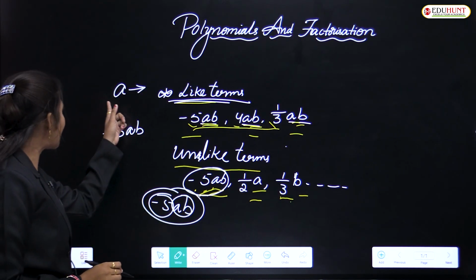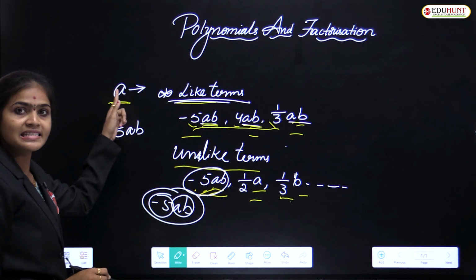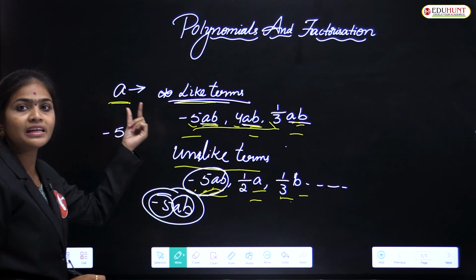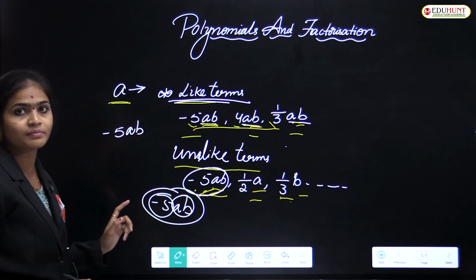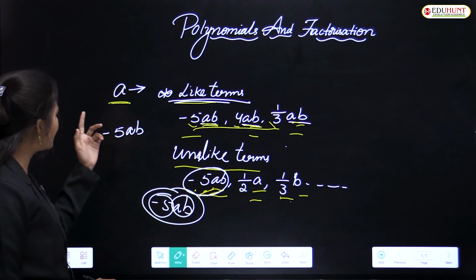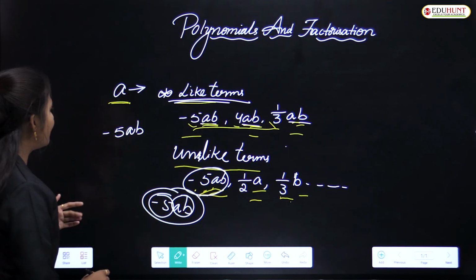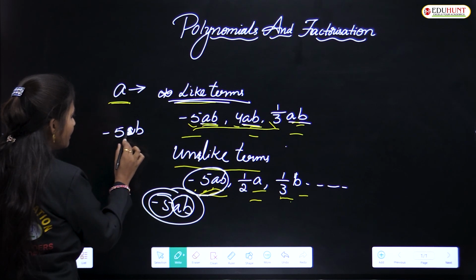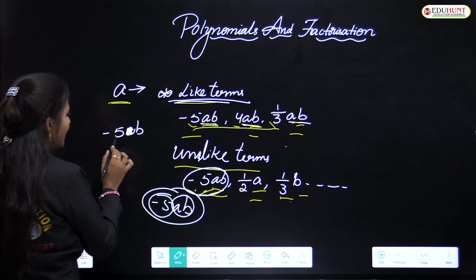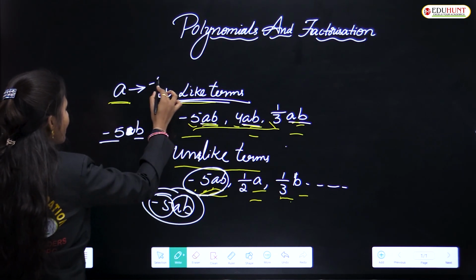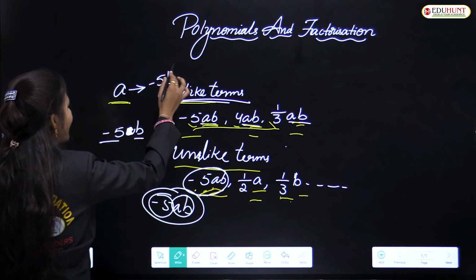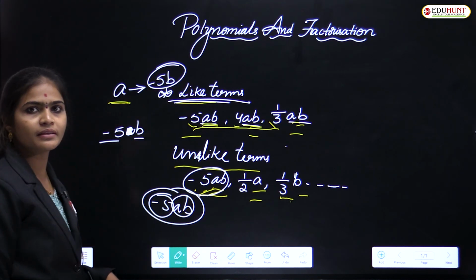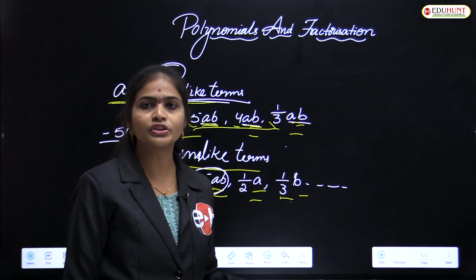Except that term, the leftover remaining ones you have to write here. Whether it is a variable or a constant, whatever they ask, it depends on the question. So a I am asking, so leave that a. Except a, the remaining two are minus 5 and b. So minus 5b is the coefficient of a.